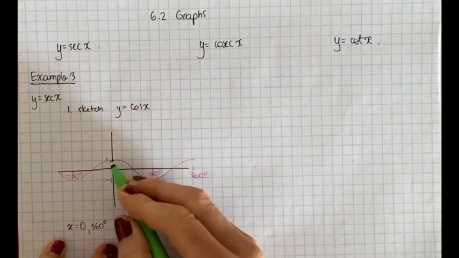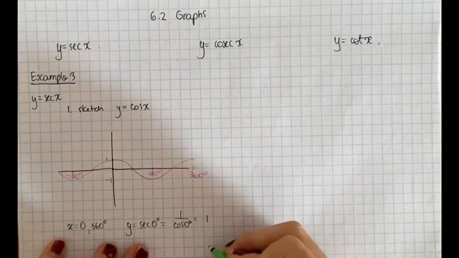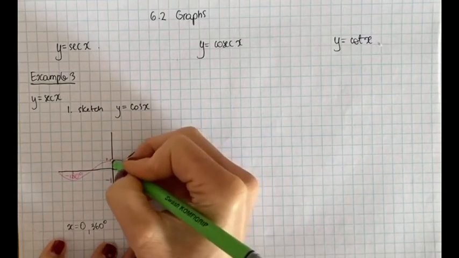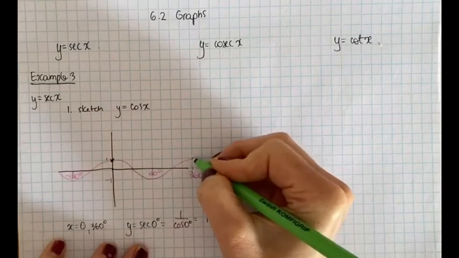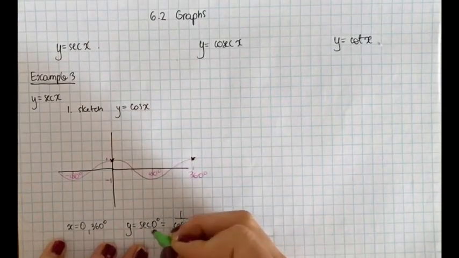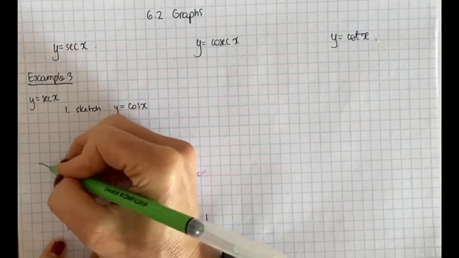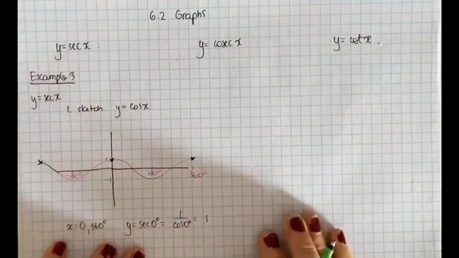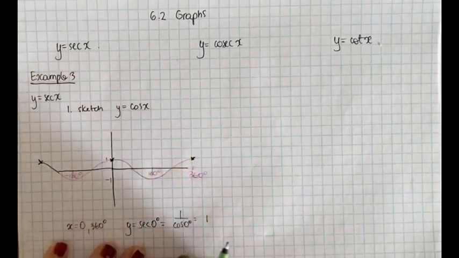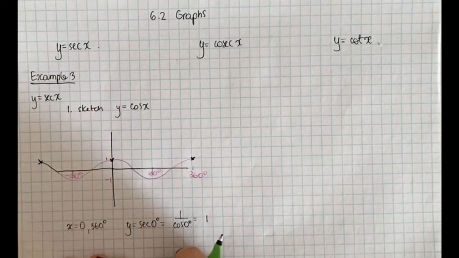Now cos 0 clearly gives me 1, so that's going to give you 1. So at those two values, those points will belong to our y equals sec x.